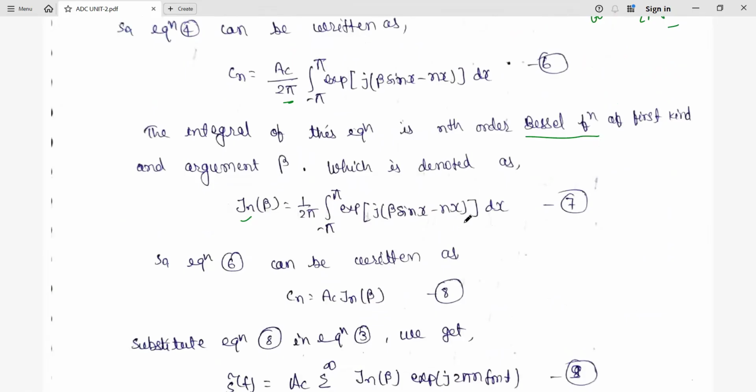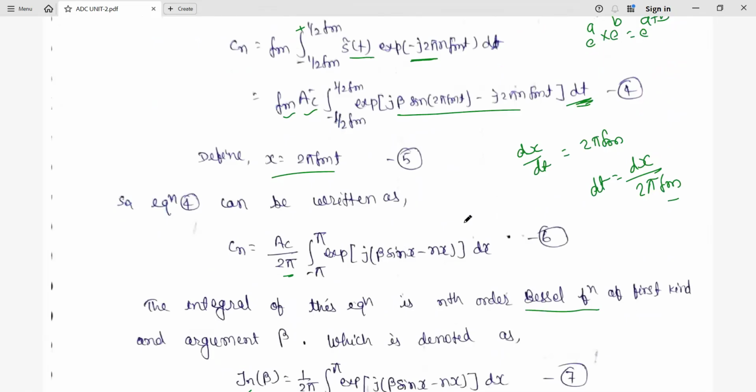So here, previously in equation 4, we saw that this limit is minus fm by 2 to plus fm by 2, but we have taken x equal to 2 pi fm t, so that's why the limit has also changed here. You can do a small exercise on how the limit has changed. Already we have seen how we got dt equal to dx by 2 pi fm.